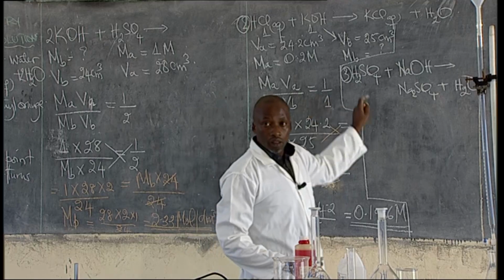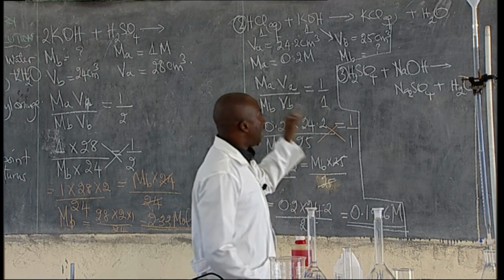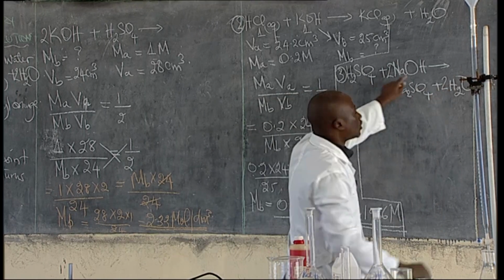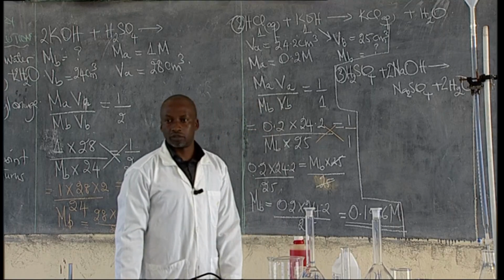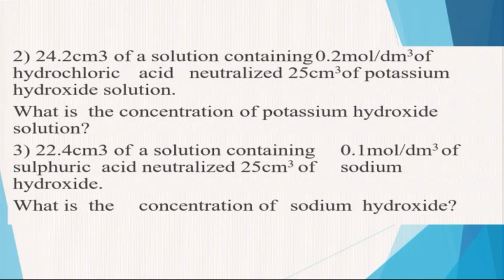So what is the concentration? It is the same. Remember the reaction ratio. You need to balance the equation so that you get the reaction ratio. What is the concentration of the sodium hydroxide? The method is the same.